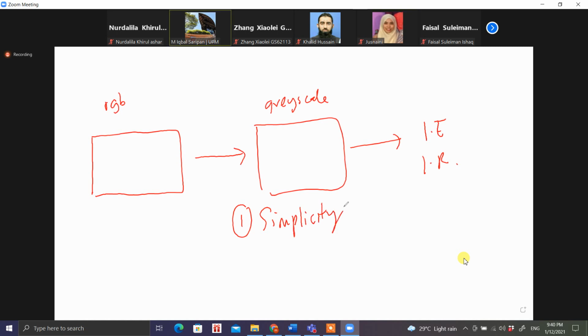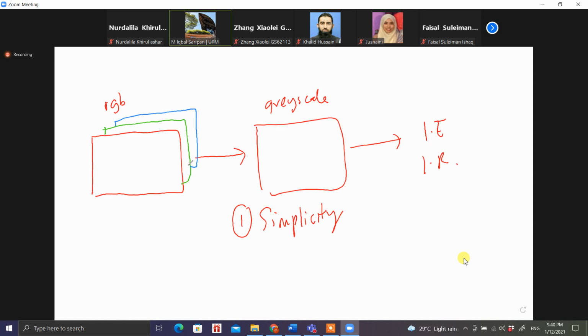For simplicity, because an RGB image is actually in the form of a vector. First you have a red vector, then a green vector, and a blue vector.